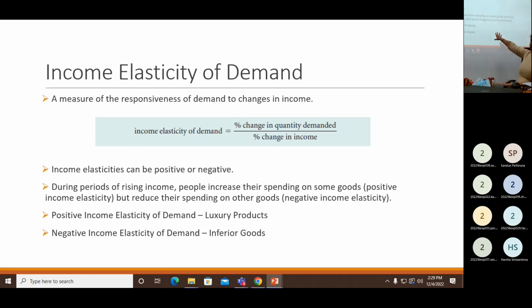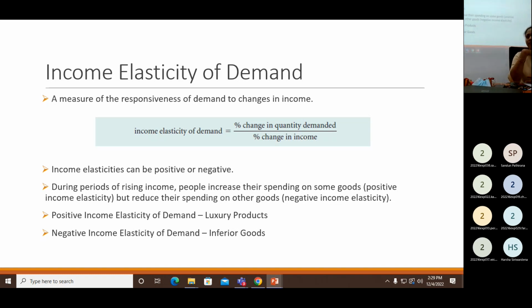What is meant by income elasticity of demand? It is a measure of responsiveness of demand to changes in income. Now, we change our demand for changes in price, that's obvious, that's what we discussed so far. But we also change our demand based on the income we earn.